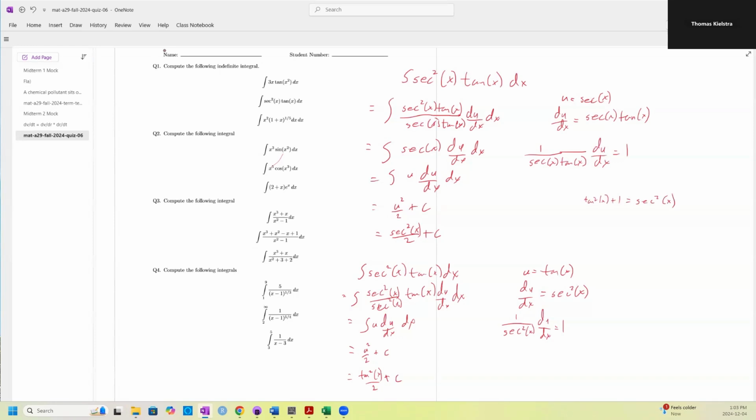Because this is true, this here is equal to tan squared x plus 1 over 2 plus c, which equals tan squared x over 2 plus 1/2 plus c. And this 1/2 plus c is just another constant. So we can replace with c, which is what I have down here. So both are valid.